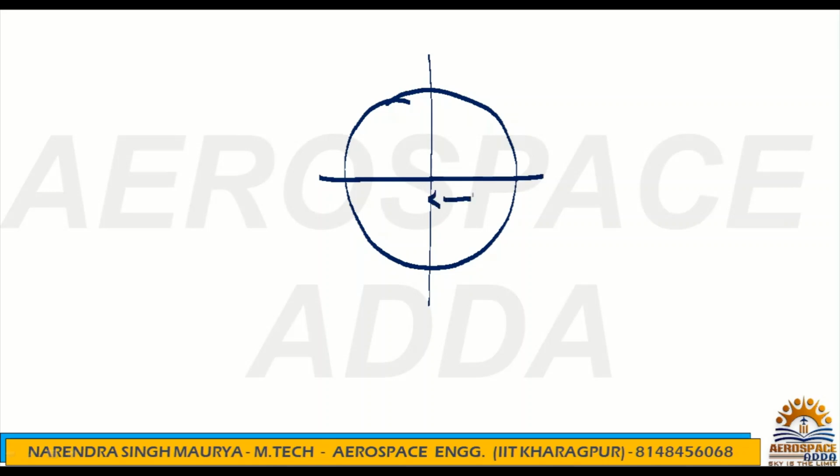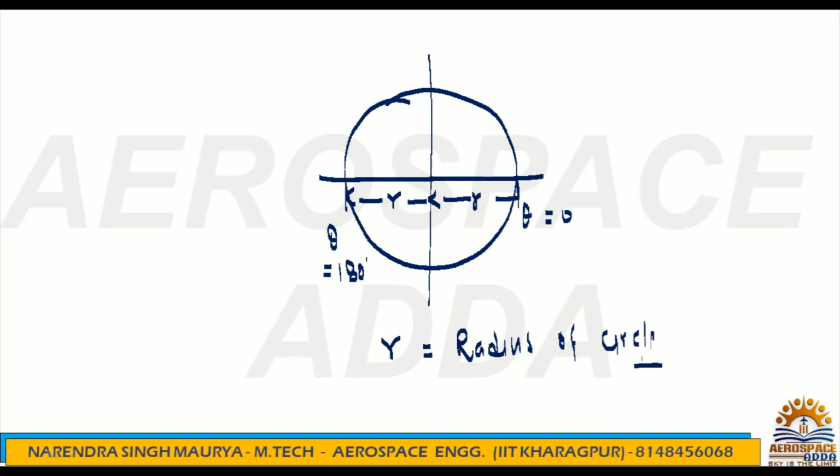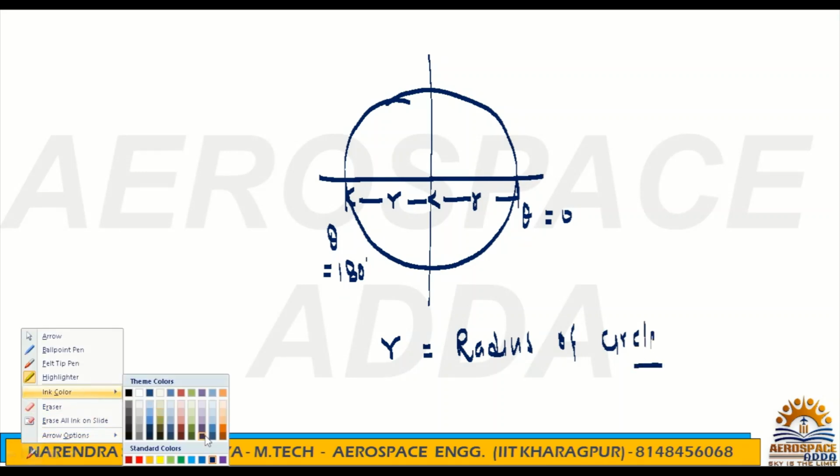This is r for theta equal to 0, and r for theta equal to 180 degrees, and this r is nothing but the radius of the circle. Because if it is an oval shape, then this r will not be the same. Only if it is a circle is this possible. Hence you can say this r is nothing but the radius of the circle.